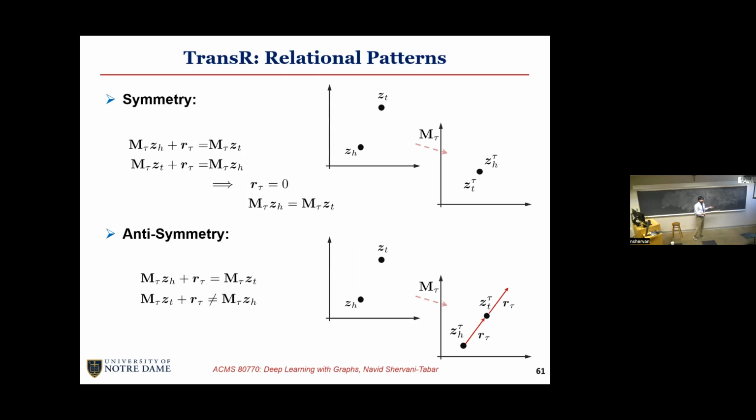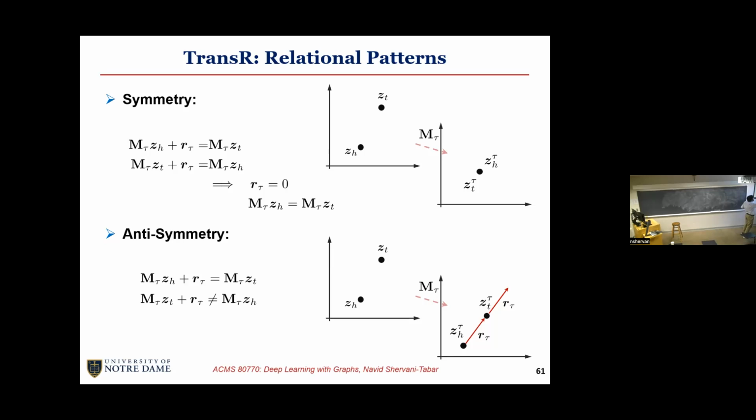So now let's see what we can and we cannot represent using trans-R. Can we represent symmetry? If I want to represent symmetry, that means that I can learn a vector space in which my embeddings are translated on top of each other, right?